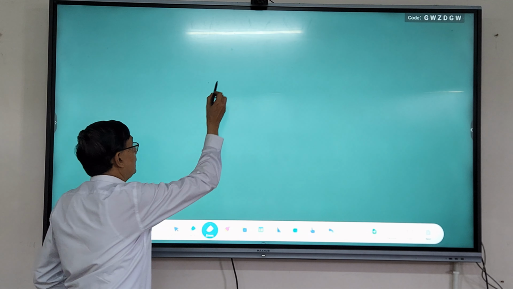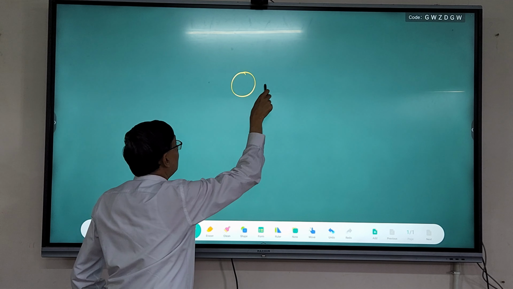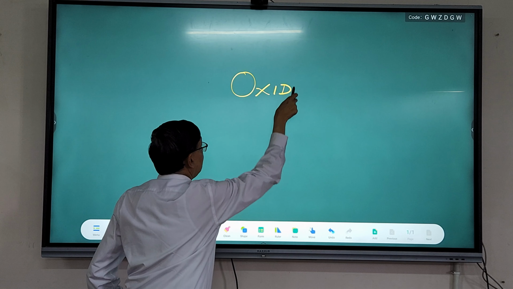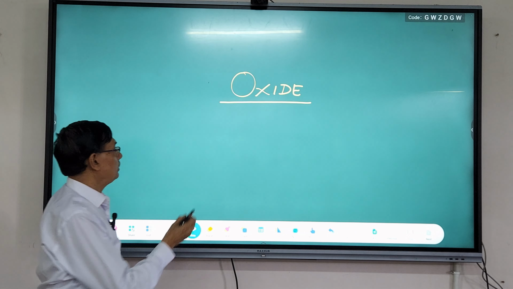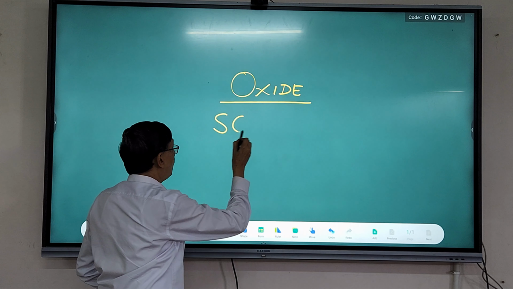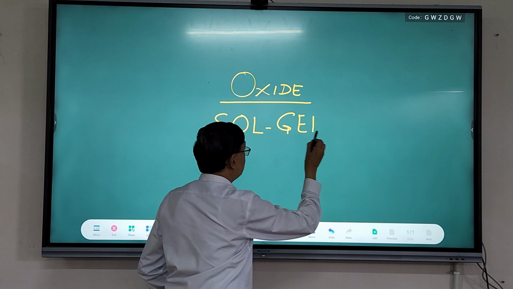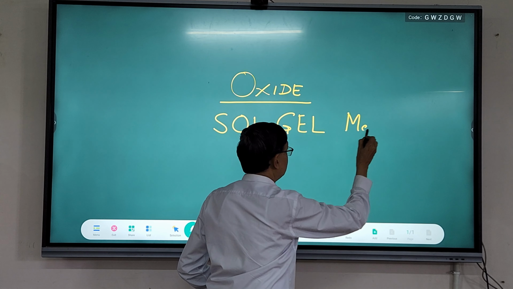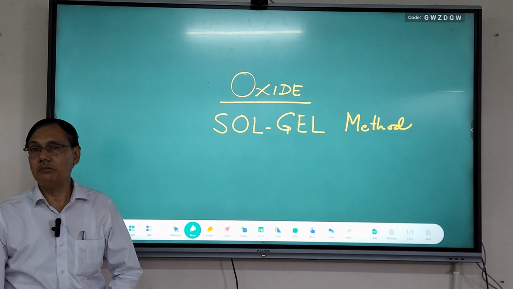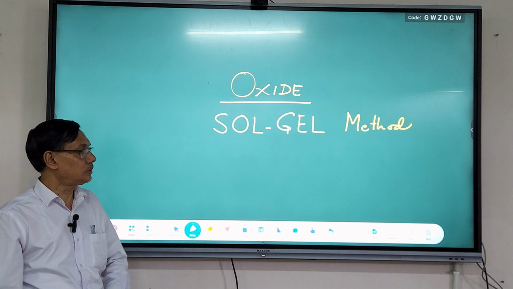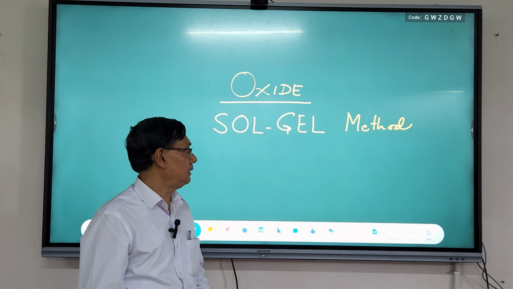So oxide nanoparticles can be synthesized with the help of the sol gel method. It is a very simple method, and most of the oxides can be synthesized with the help of the sol gel method.